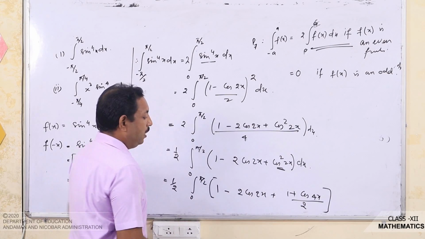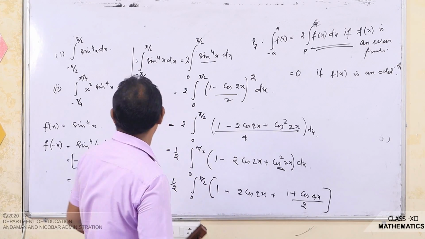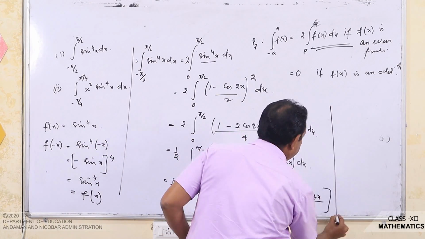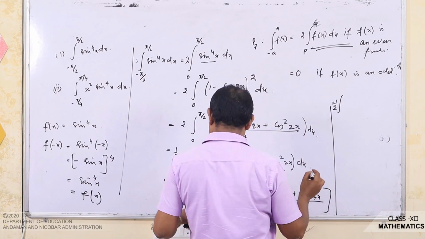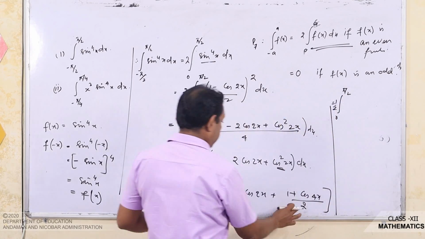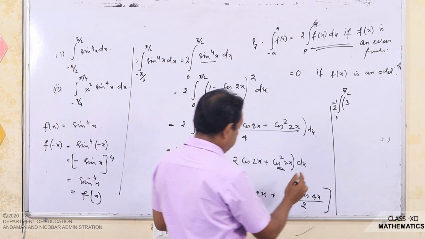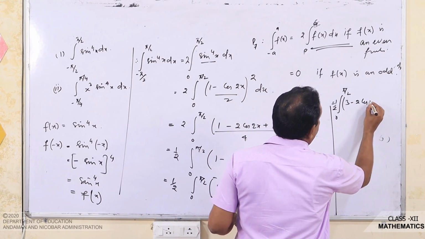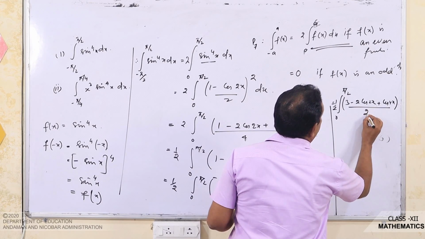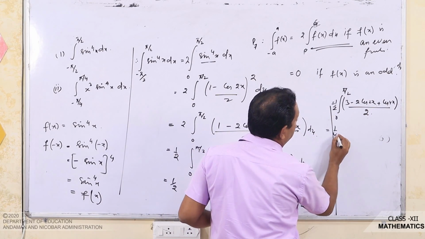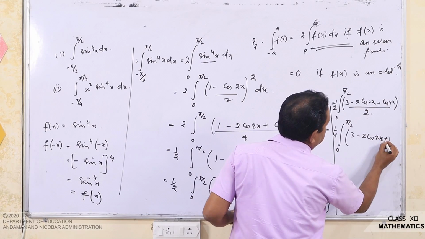Now, here we need simplification, that 1 plus 1 by 2 is 3 by 2. So, taking the 2 out again, that means 1 by 4 times the integral from 0 to pi by 2 of 3 minus 2 cos 2x plus cos 4x.